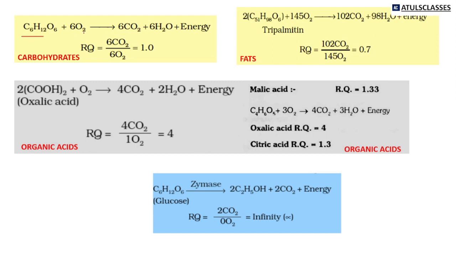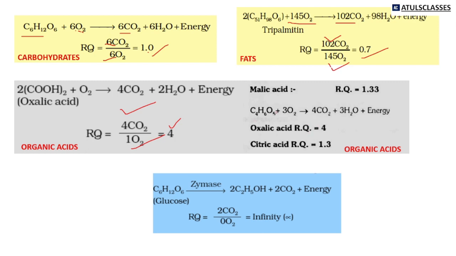Let's take some examples. Glucose: 6 O2 and 6 CO2, so 6 CO2 over 6 O2 is 1. Tripalmitin fat: 145 O2 and 102 CO2, so 102 over 145, which is less than 1, about 0.7. Organic acids give more than 1. Oxalic acid has 4 CO2 formed with 1 oxygen, so it is 4.